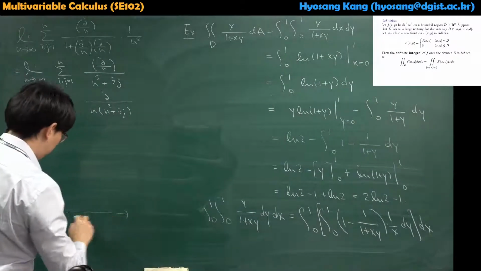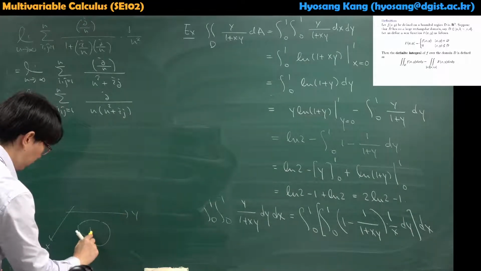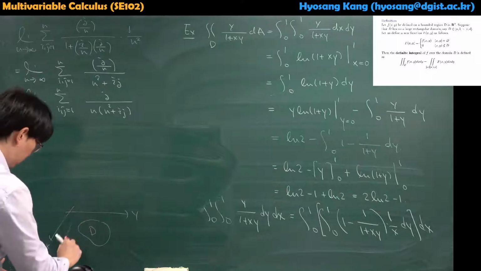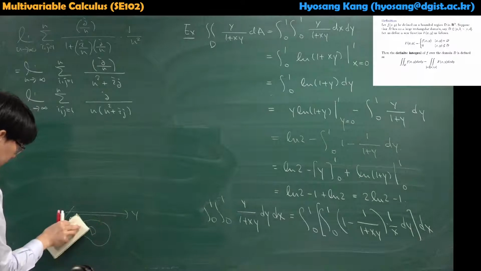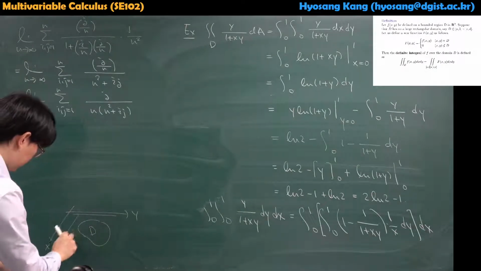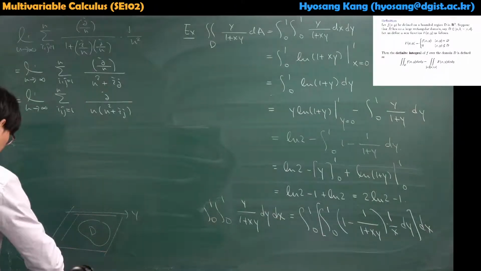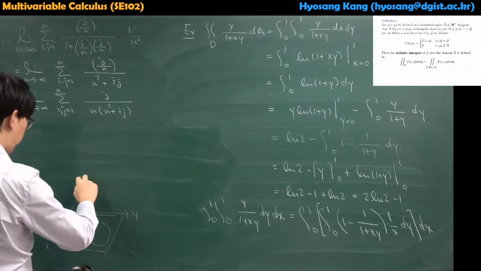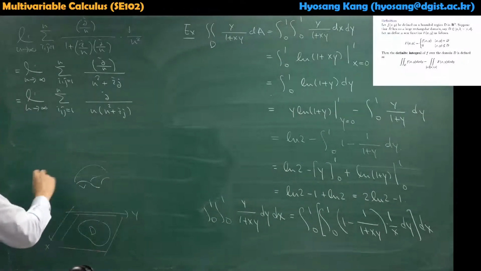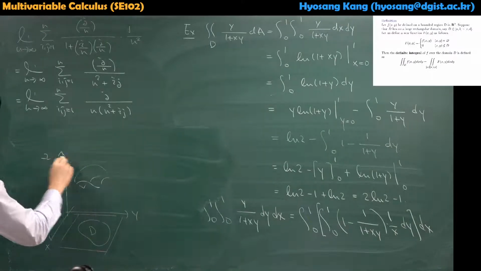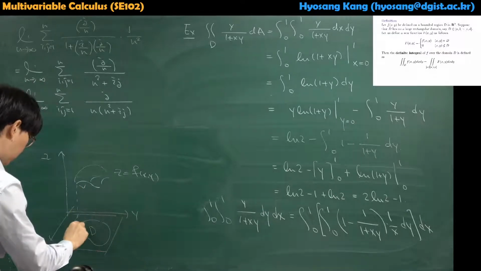So here's the picture of what I'm explaining. Here's X and Y, and here's the region D. I take a large rectangular region which contains D. And above D, maybe I have the graph of a function, so this is z equals f(x, y), only above D here.